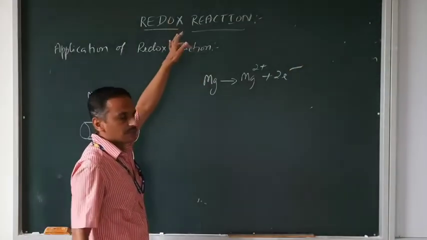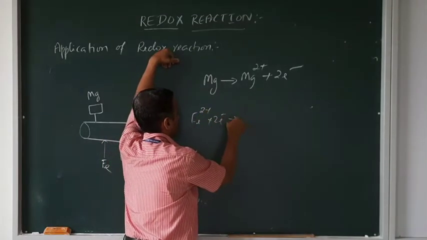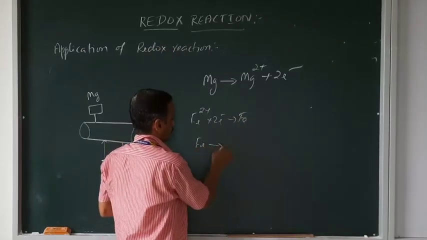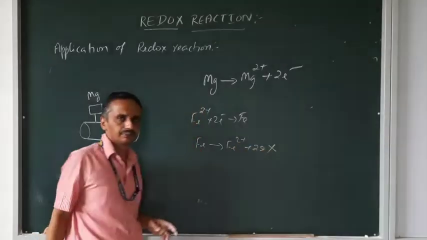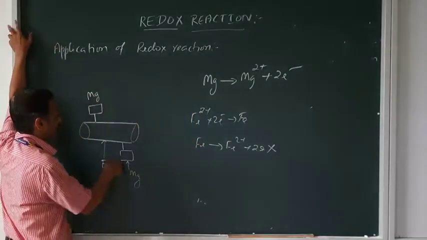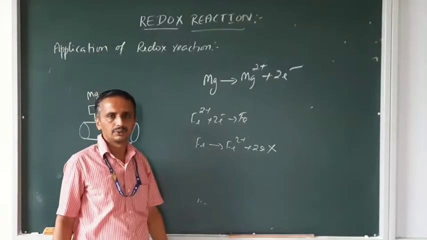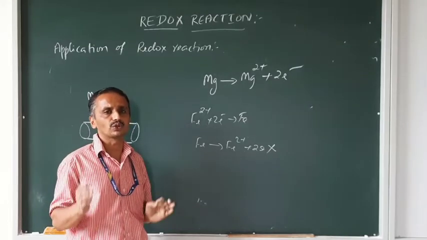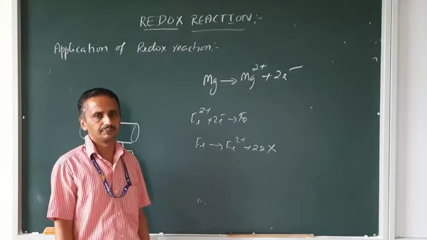Until the magnesium is present, Fe will not be in the position to give Fe2+ plus 2 electrons. This stage will not be there. This is not a possibility. So until the magnesium is present, iron is safe from rusting. So to safeguard the iron, magnesium is lost in due course of time. Again, it is sacrificial protection only.